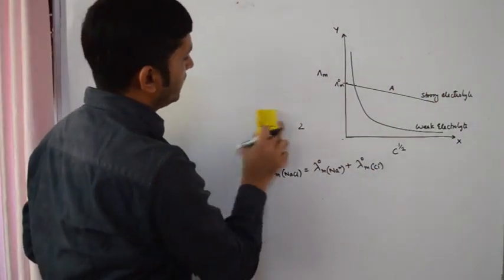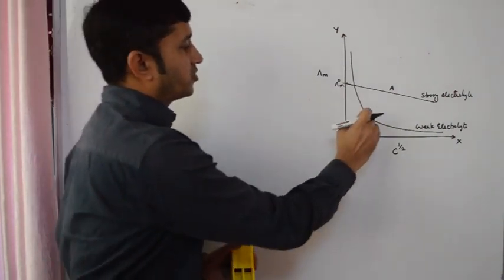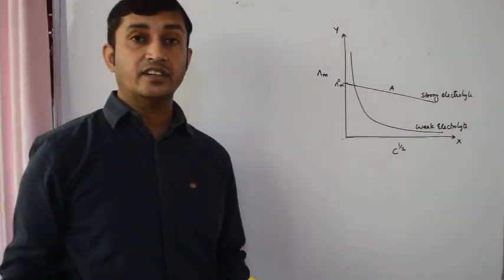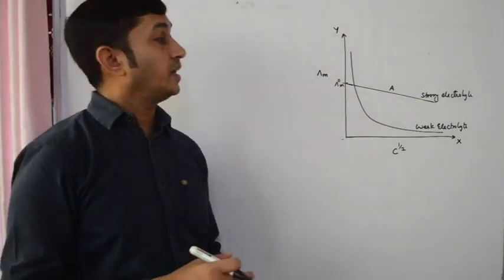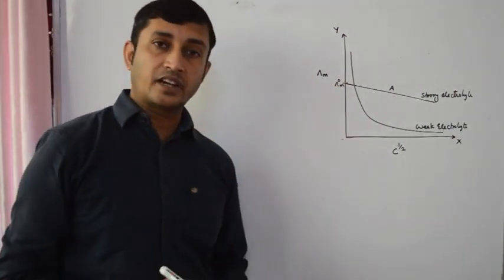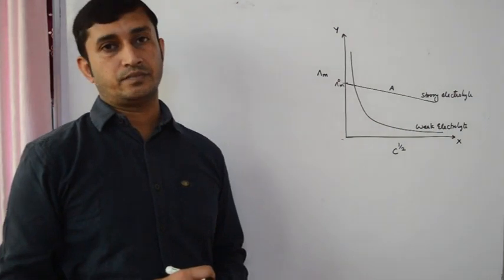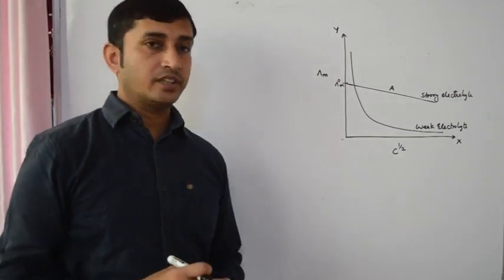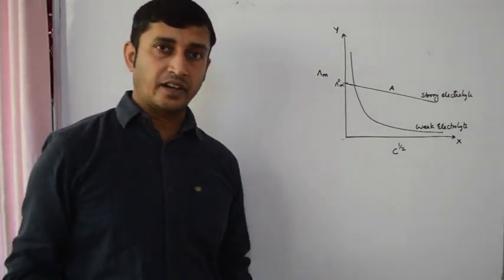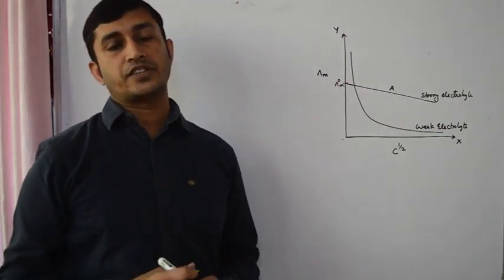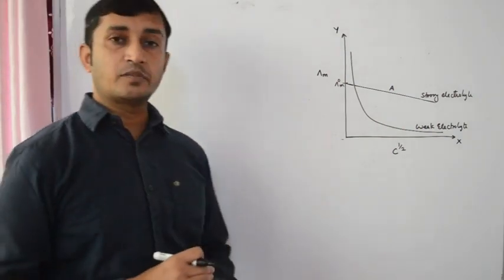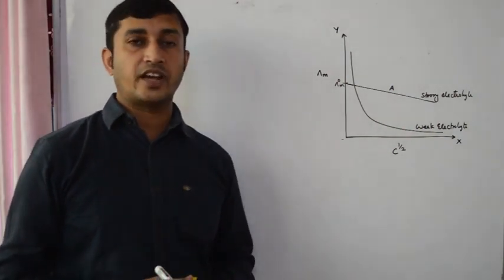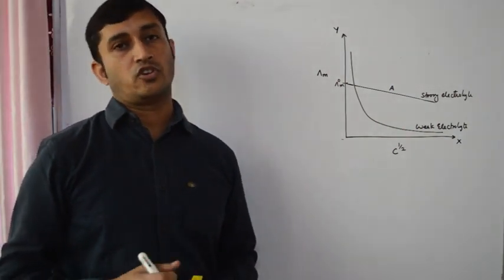So we see here that the variation for the weak electrolyte is not linear. So we cannot determine the value of limiting molar conductivity by just extrapolating the graph to zero concentration. At infinite dilution, the electrolyte dissociates completely, but then also the conductivity is very low. So to determine the limiting molar conductivity of any weak electrolyte, we have to apply Kohlrausch law.